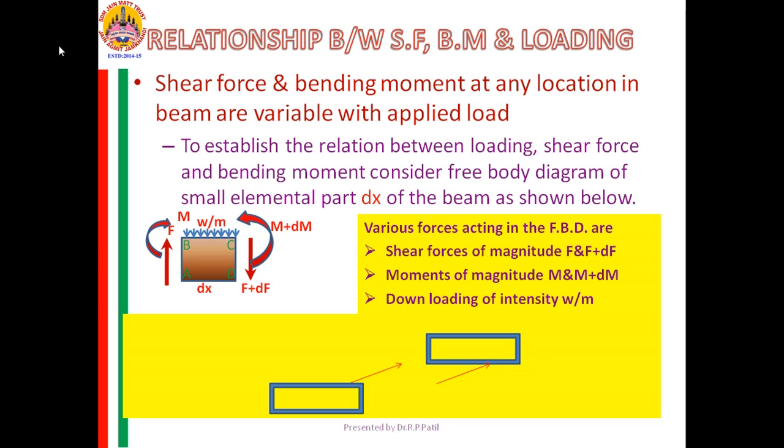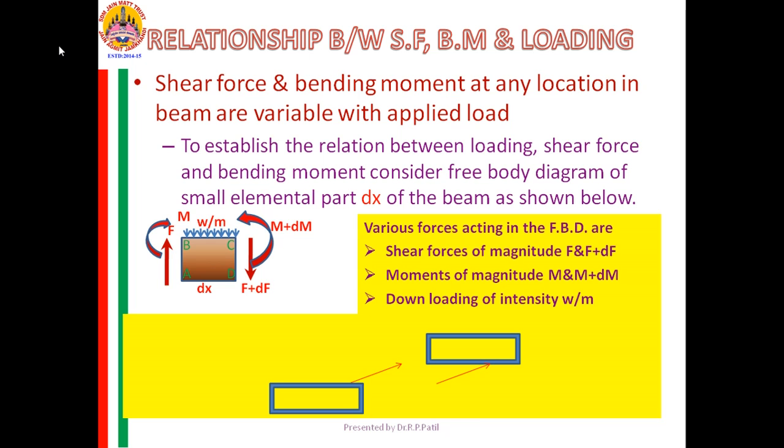You only need to take care that the shear forces are opposite to each other, and the bending moments are opposite to each other. Like one is the active force, the other is the reactive force. They are equal and opposite in nature, but because of the additional force there, a small change is there in those values.